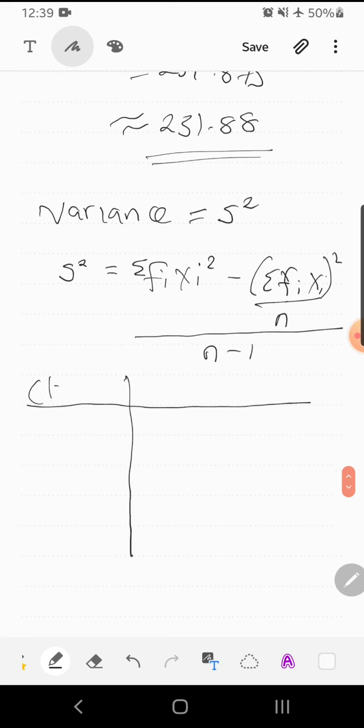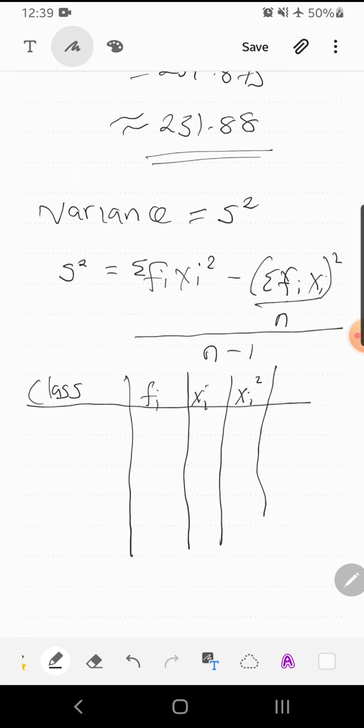We have our classes, and we have our fi. Then we have to look for the xi. Then we have to square. Remember, this is fi times xi squared, so we have to square the midpoints. After we square, that's when we can look for this term, and we're looking for the sum when we sum everything.